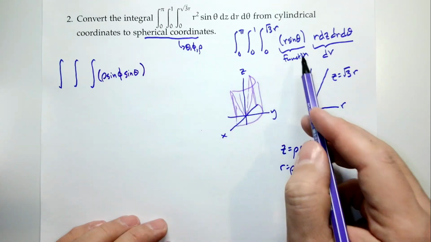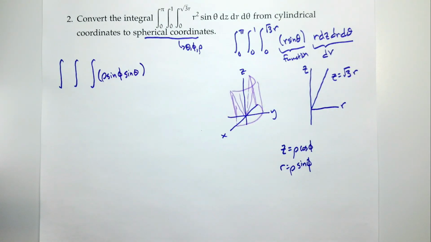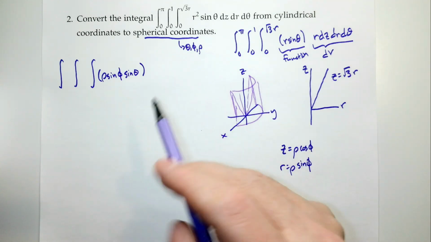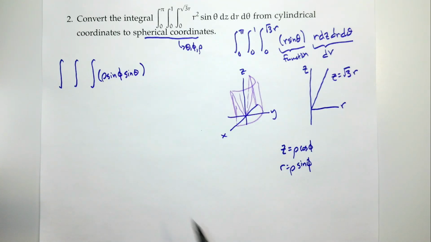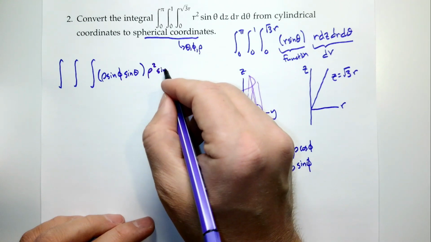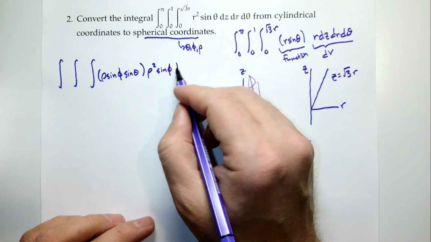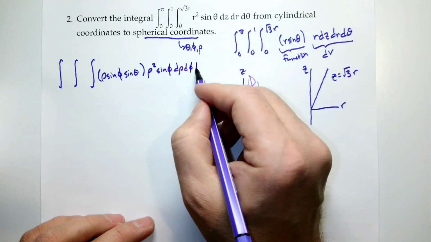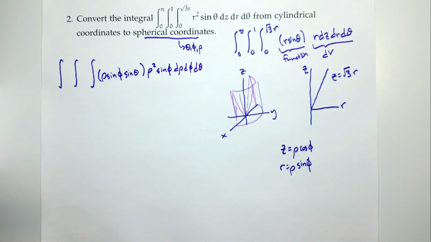So that's rewriting our function in terms of our new variables, theta, phi, and rho. The dv, well, we just have to remember the song. Rho, so that's rho squared, sine of phi, d rho, d phi, d theta. Okay, there you go. That's our dv.